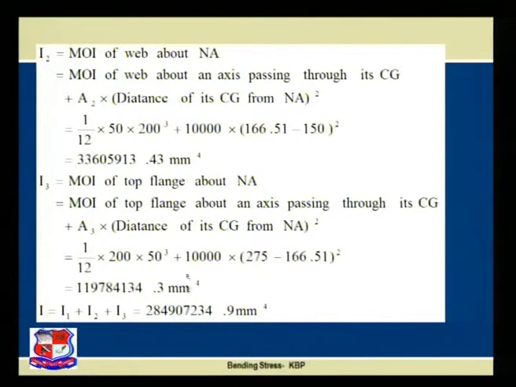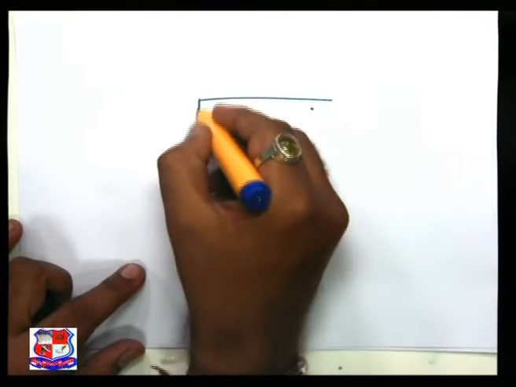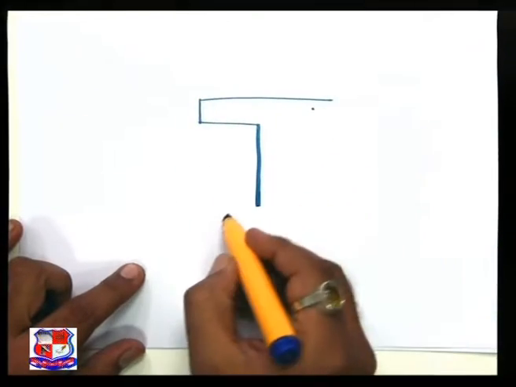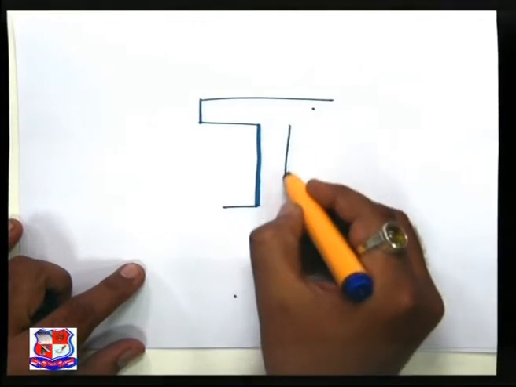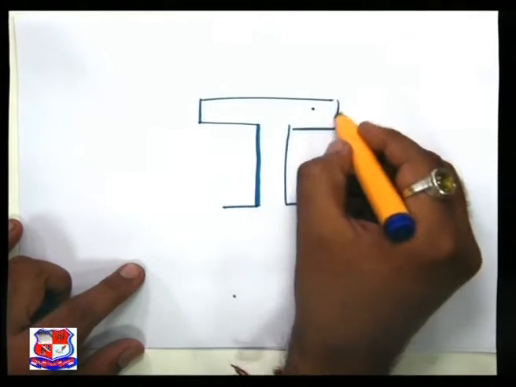If you did not understand how to find Y2 and Y3, let us use the tabletop within 2 minutes. Let us go here. So refer to the figure. This is the given I section.